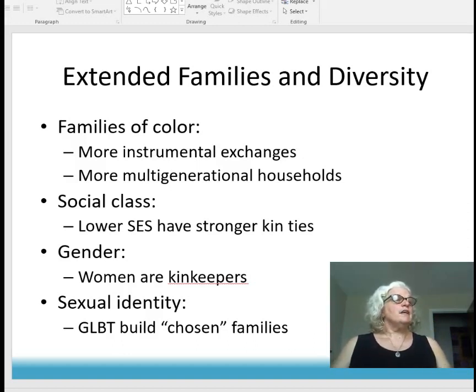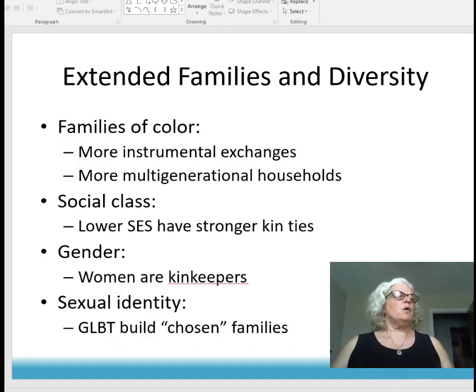Lower social class families have stronger ties, and again, that varies based on cultural background. Asian families are going to have that stronger tie to begin with. Native Americans are often of lower socioeconomic status, so they're forced together with strong kinship ties, but their cultural beliefs add to it.